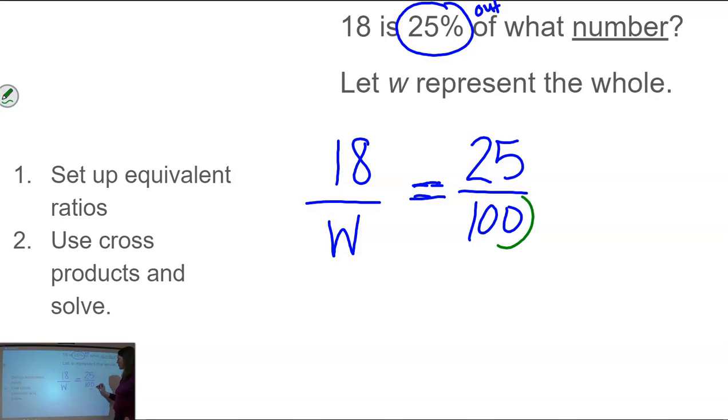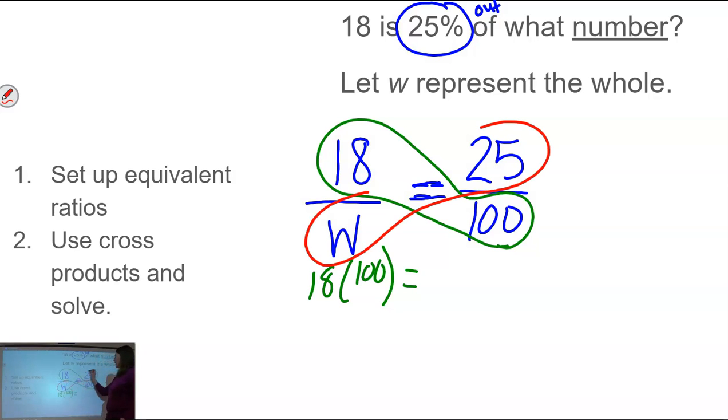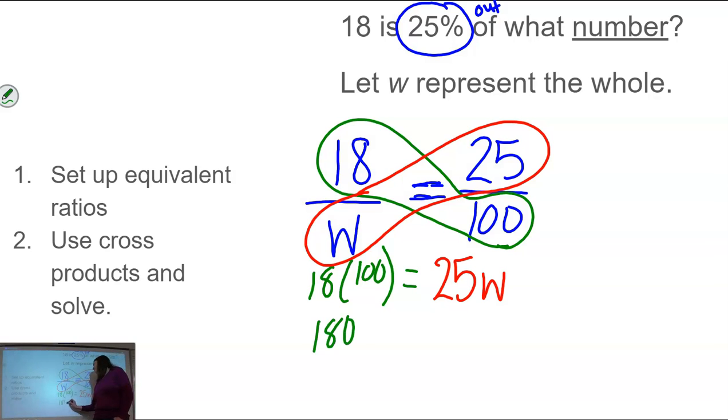So we're going to cross multiply. I have 18 times 100 equals, multiply the 25 times the W, so that's just 25W. So 18 times 100 is 1800, and this is just 25W. To solve this, I have 25W, so it's being multiplied by 25.